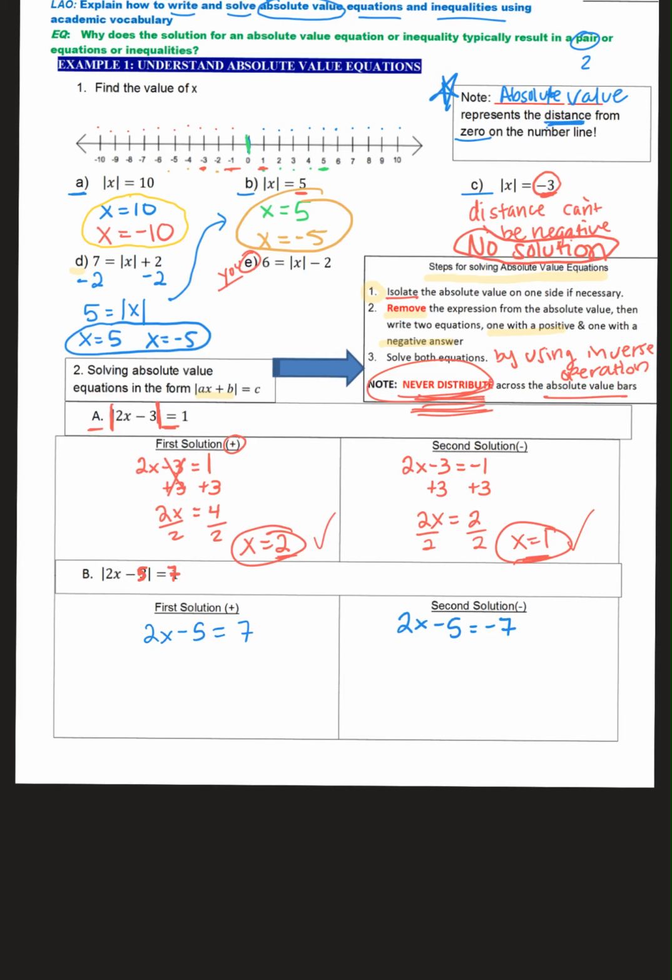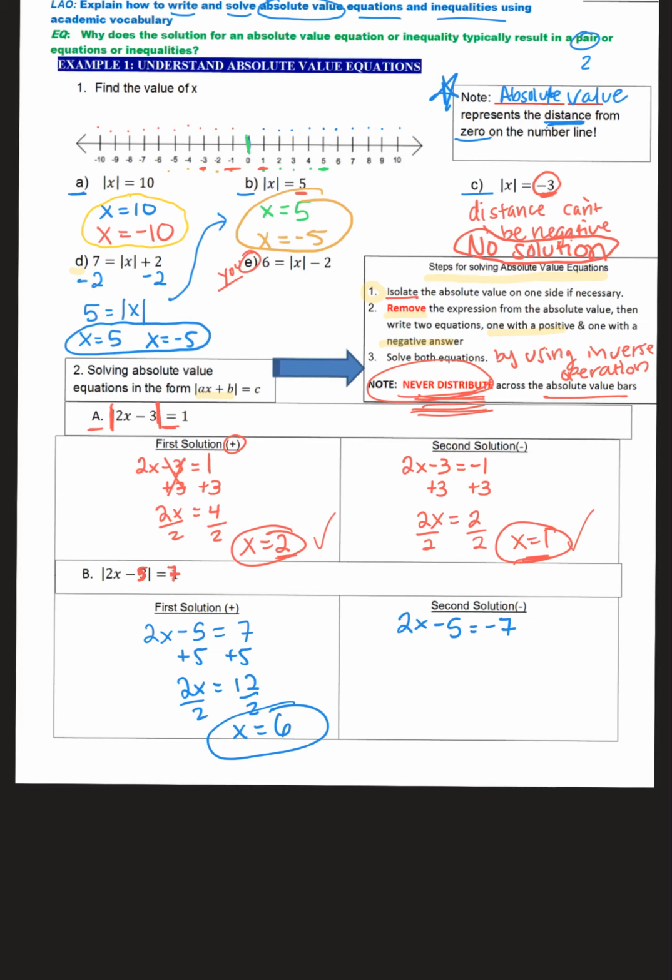Okay, our first step would be to add 5, and I get 2x equals 12. Then I divide by 2, and I get x equals 6. That's my first one.